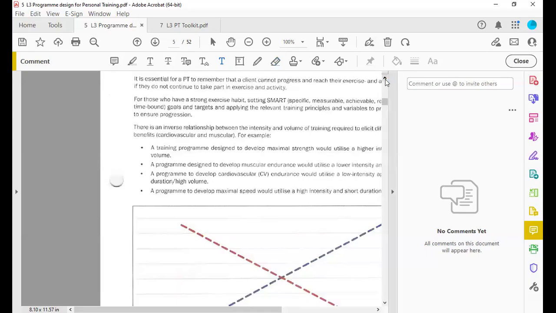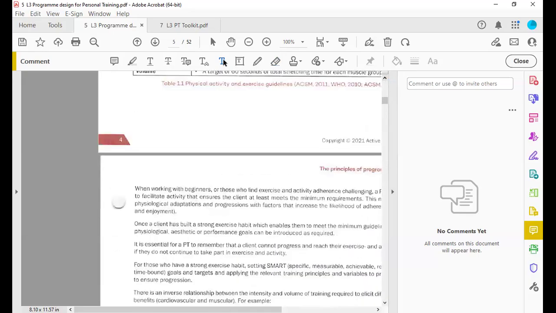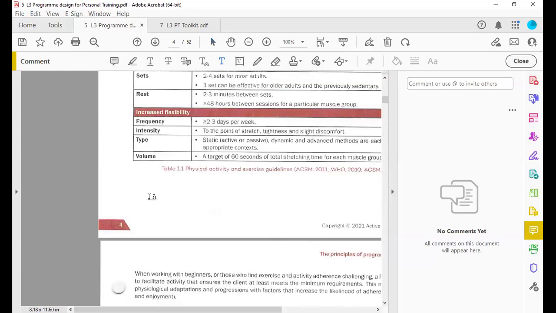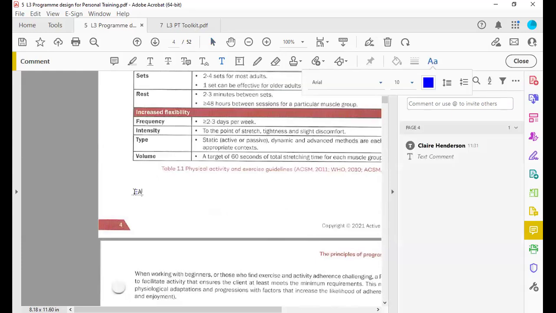If we're looking at hypertrophy, we should be seeing rep ranges, for example, of 10 to 12s, 70% of a 1 rep max. I'm just going to make those notes there. So endurance, for example, 15 reps at 60%, 1 RM.